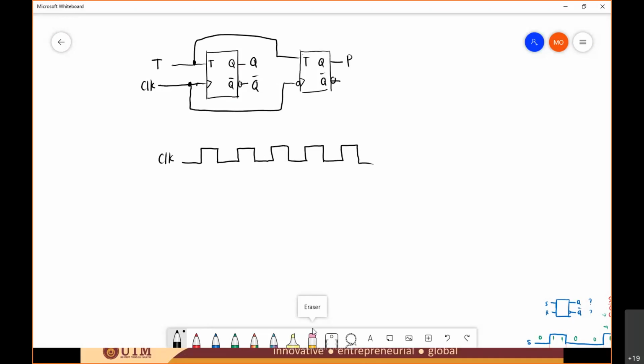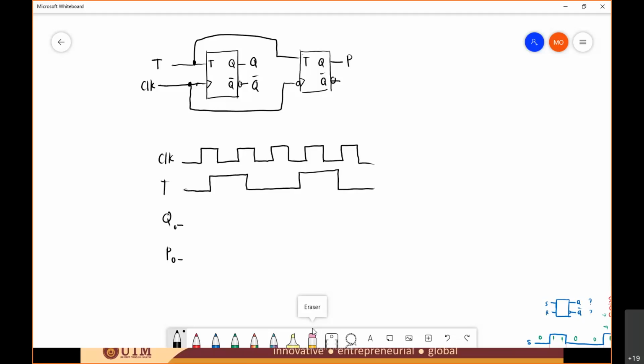And then this is your T input. Then you need to find out what is the output Q and P. Let's say the initial value for both here is 0.